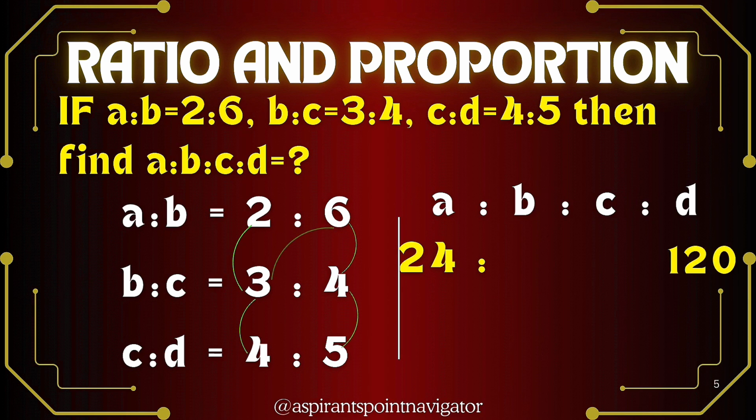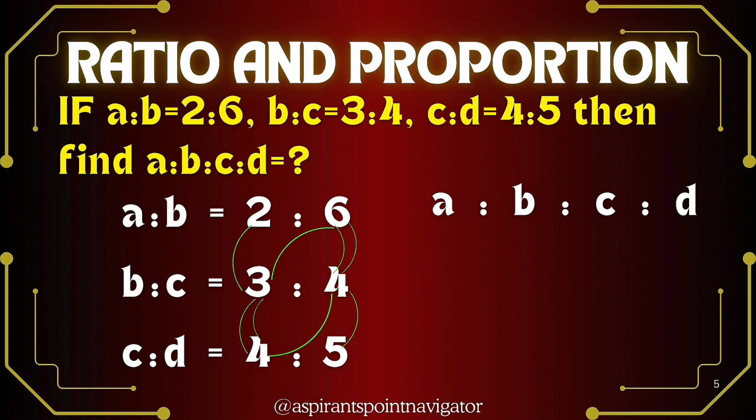For d, 6 into 3 equals 18, 18 into 4 equals 72. For b, 6 into 4 equals 24, 24 into 4 equals 96. For c. So after simplifying by 24, the ratio is a:b:c:d equals 1:3:4:5.